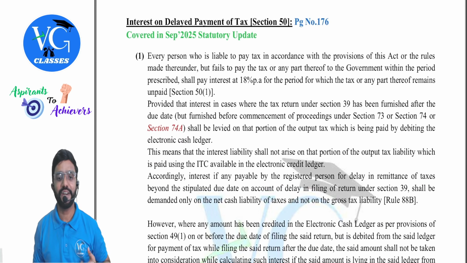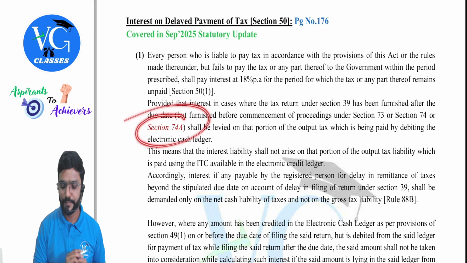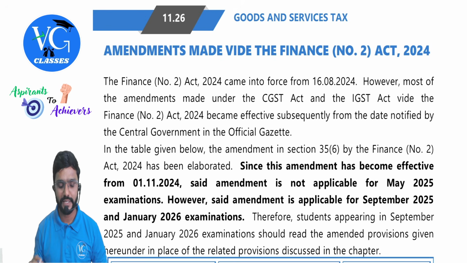Next, interest on delayed payment. Here also there is an amendment, guys, which is in page number 176. Here also the amendment is in the bracket, in the proviso. You can see 73, 74 was there. Now 74A. Actually, I have already covered this in statutory update. But why I am mentioning here is because it is repeated here also.